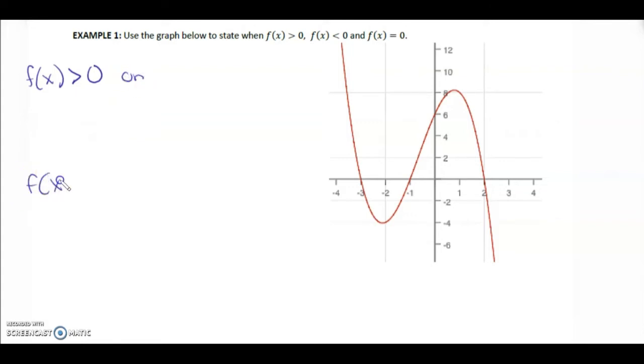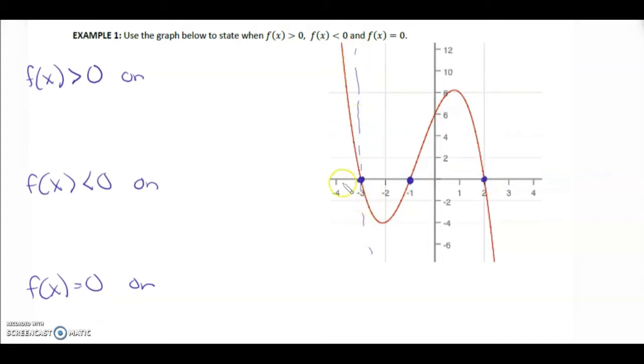Okay, f of x is less than 0 on, and f of x equals 0 on. And I'm putting on just to preface this so that we can put some intervals in here. I do like doing the equal 0 first. I think it's good to identify where the x-intercepts are and then divide those with our eyes.